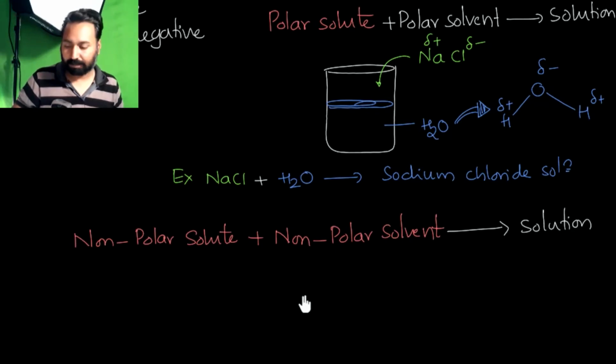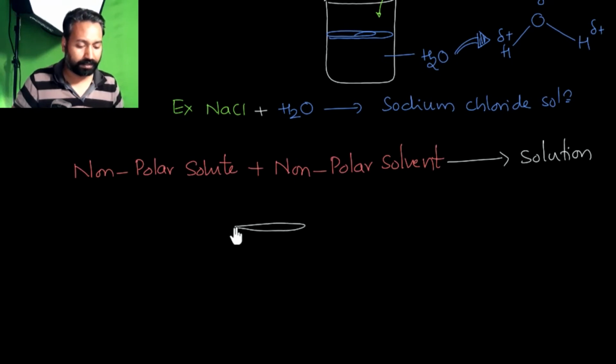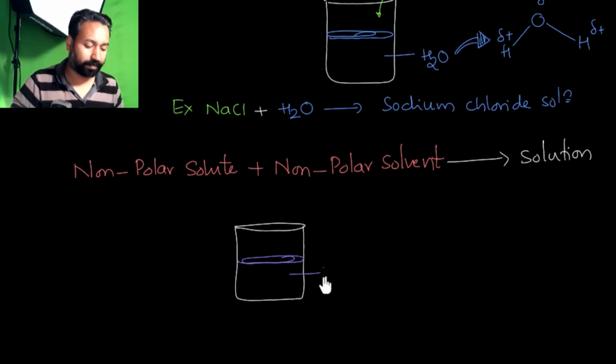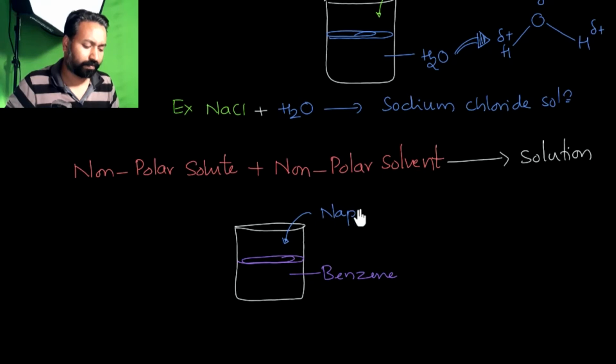We can take an example here. Take a container and fill it with benzene, in liquid form. Add to this the solute, naphthalene.